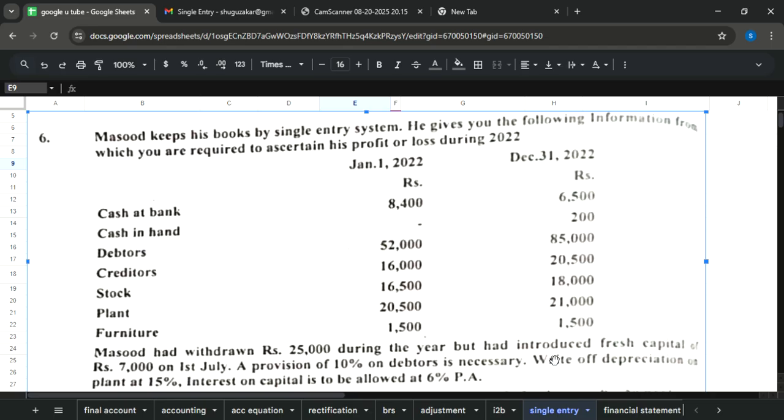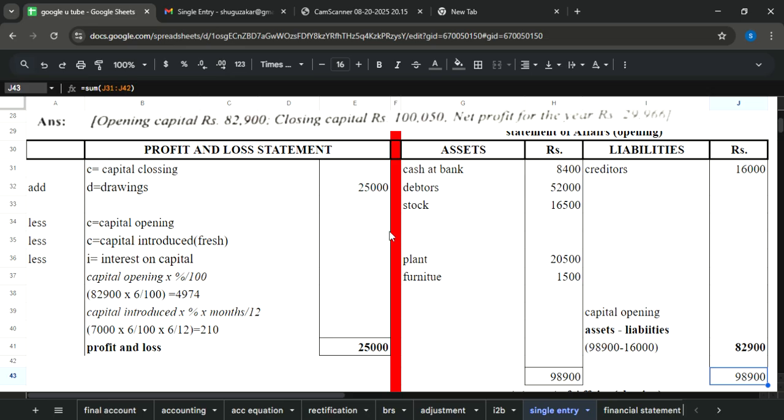Masood had introduced fresh capital. Easy. 7,000, but note, underline this word, 1st July. Introduced capital is on 1st July. Remember that capital has been introduced on 1st July, you will go to the profit and loss statement, and write 7,000.